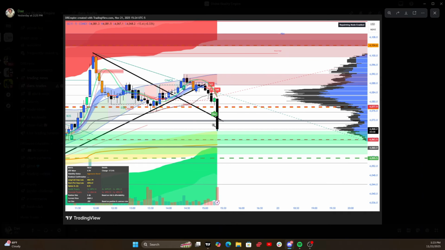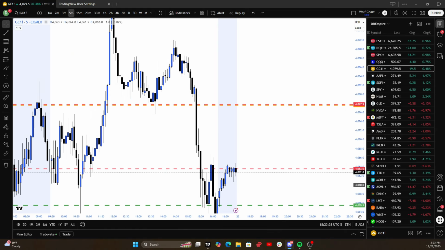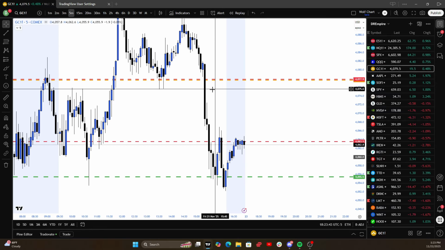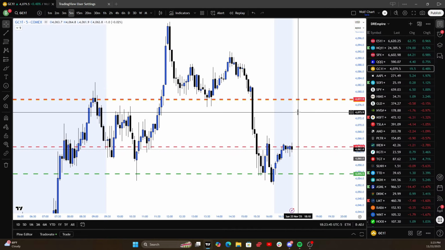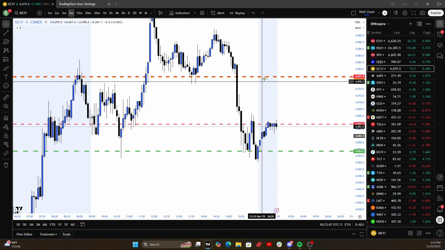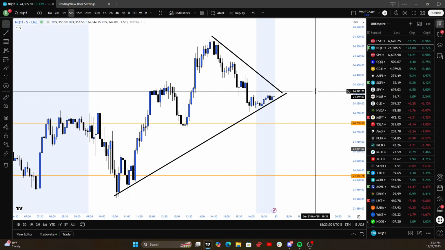And then we lost it, and look what happened. We got that flush that I was looking for. So this is where your lines and your support and resistance play a part. Because once you start losing levels, you could be expecting to go to the next level on your trade.